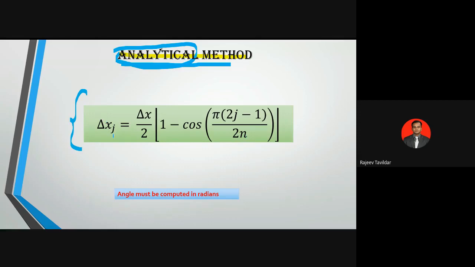Here j stands for which precision point you want, whether first, second, third, fourth. You can replace that j with that number, and n stands for the number of precision points that has been asked in the problem.